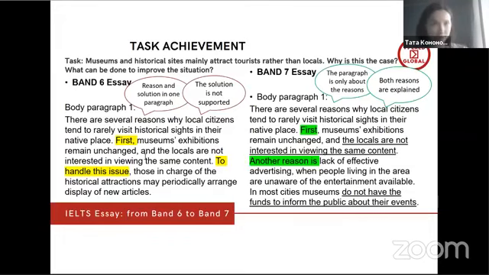To handle this issue definitely introduces solutions. To improve this, you should make sure that the paragraph is devoted only to the causes and that both causes, or both reasons, are explained.